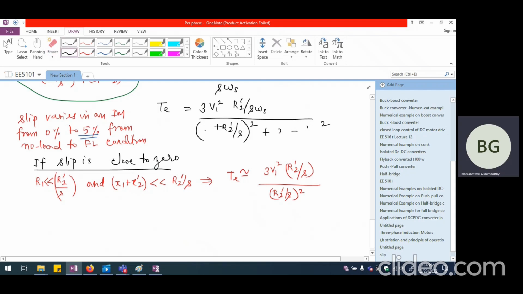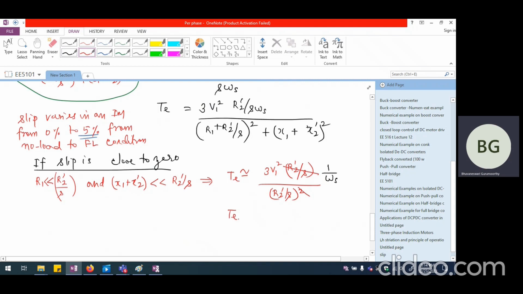In that case, of course, I have to have 1 by omega S also, which I have left out. So in this particular case, I will have this cancelled out and I'm going to cancel out the square.